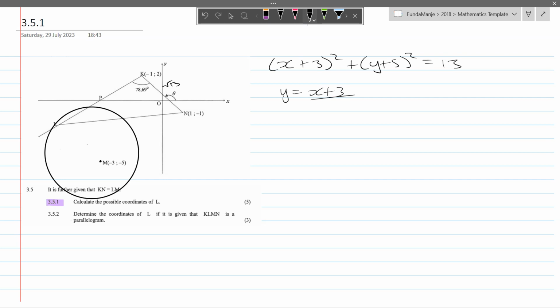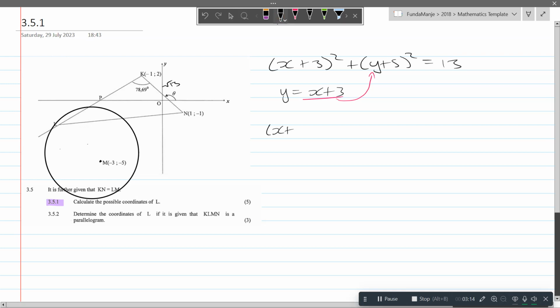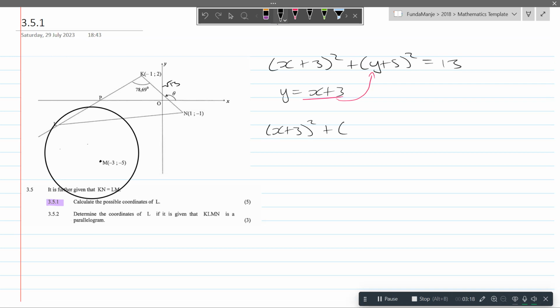So substitute our value of y into the circle equation. That gives us (x plus 3) squared plus (x plus 3 plus 5) squared is equal to 13.